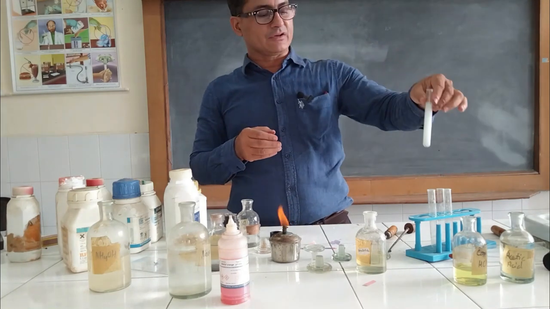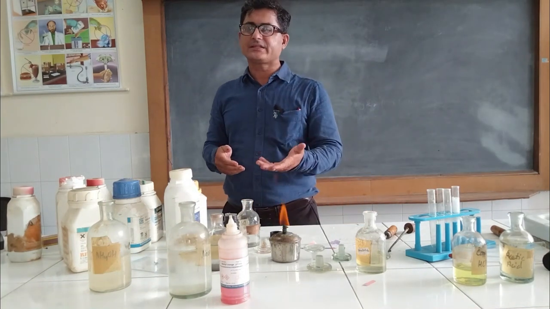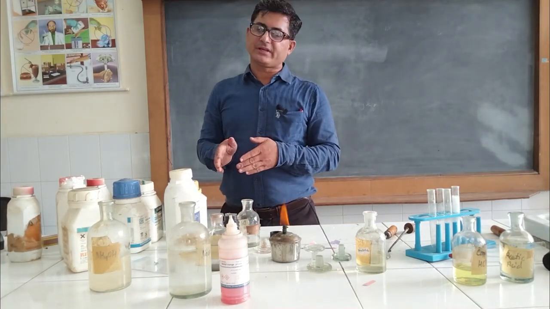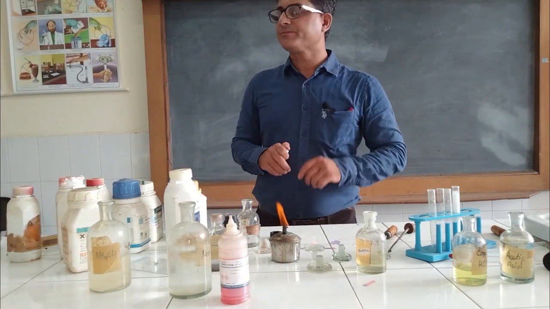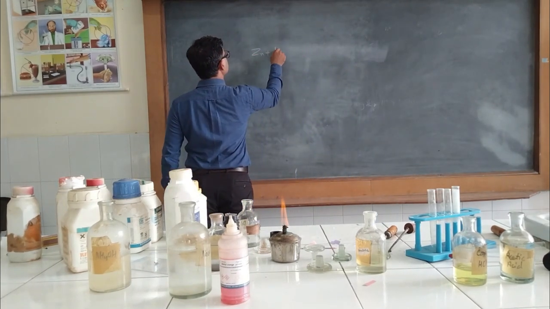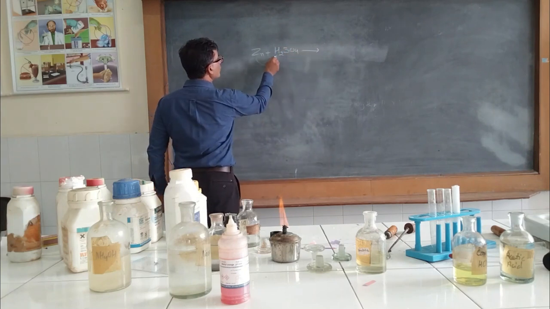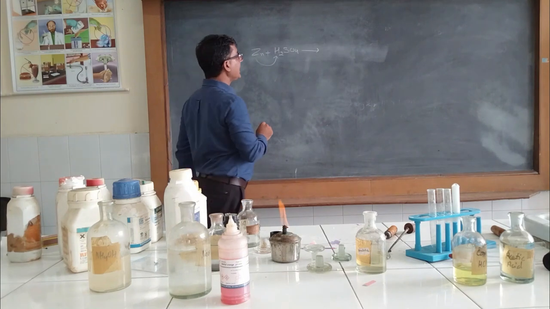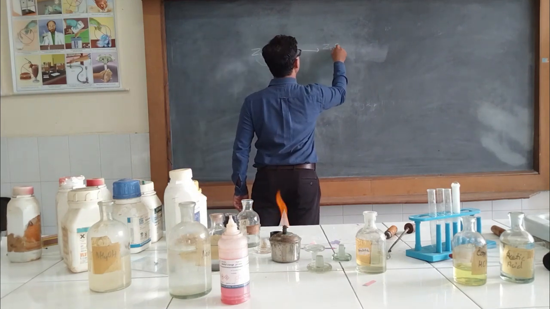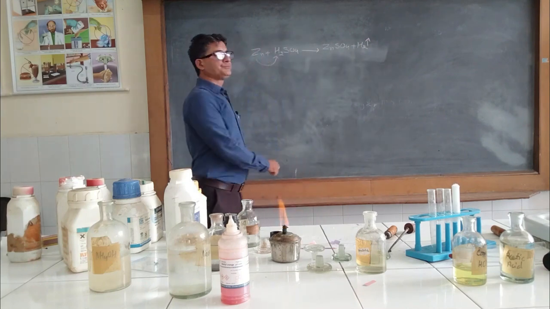So that means when any reactive metal reacts with acid, the reaction is an exothermic reaction. I am going to write the reaction. What is going on here? Zinc plus H2SO4. Zinc is more reactive, so it replaces hydrogen and forms zinc sulfate and releases hydrogen gas.